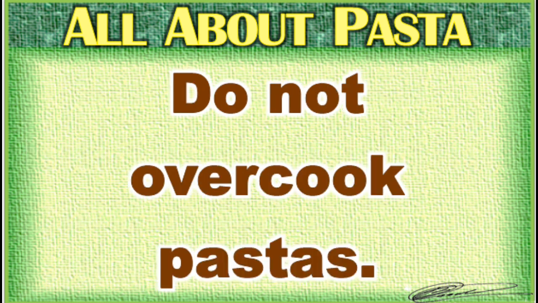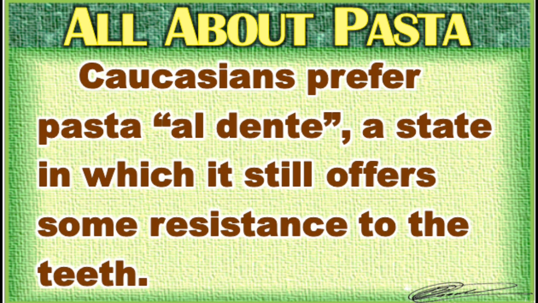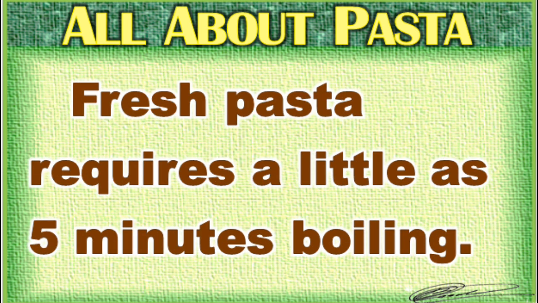Remember, do not overcook the pastas. Caucasians prefer pasta al dente, a state in which it still offers some resistance to the heat. When it comes to boiling pasta, fresh pasta requires as little as 5 minutes boiling.